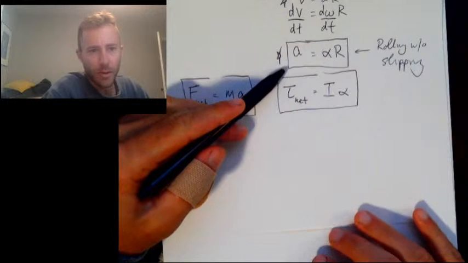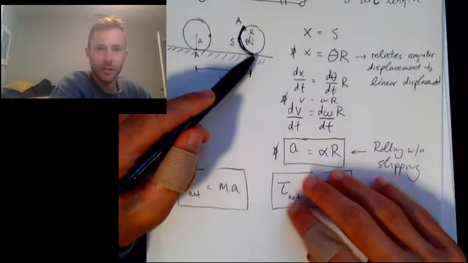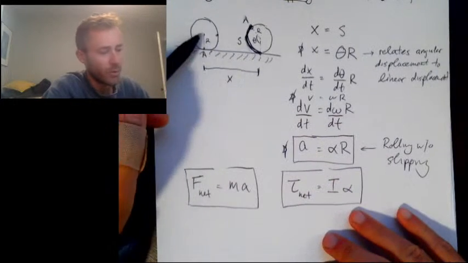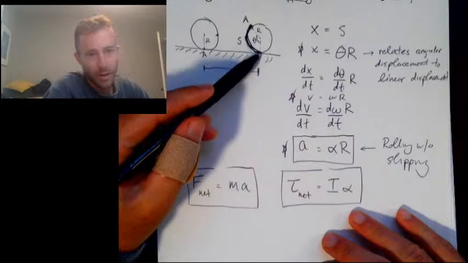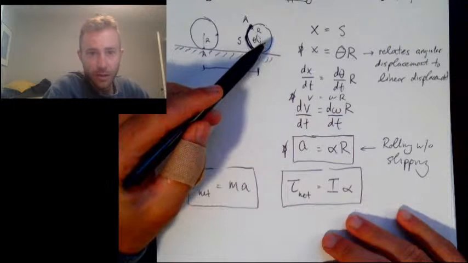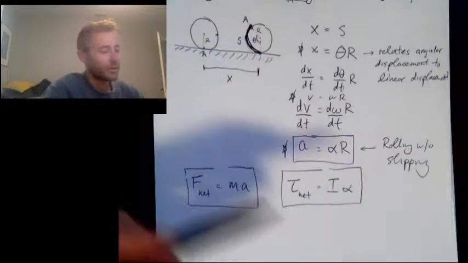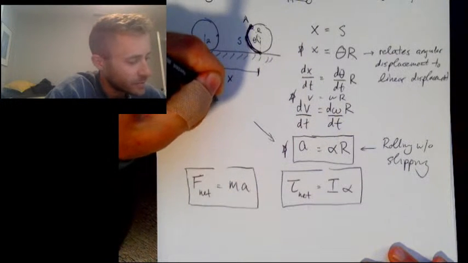One of the things I want to point out here is the angular displacement in this case. To make the wheel roll in the positive direction, it has to do a clockwise rotation. So we have to be careful about the signs. I'm just going to put, be careful about the sign.